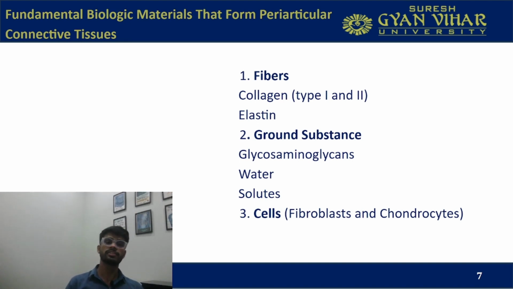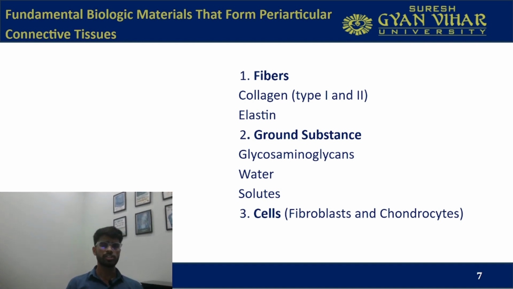Fibroblasts are the cells which will make the fibrils, make the fibers, and chondrocytes are the cells which will make the cartilage. So remember, whenever there is a periarticular connective tissue in a joint, it will be made up of only three things. First is fiber, the other is ground substance, and the cells. Fibers can be of two types.